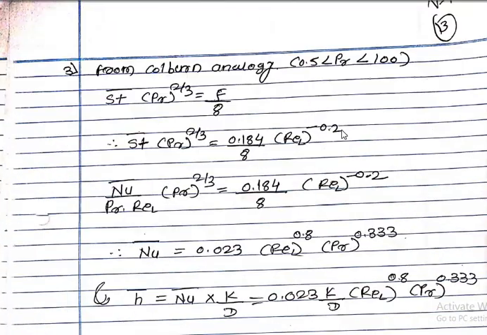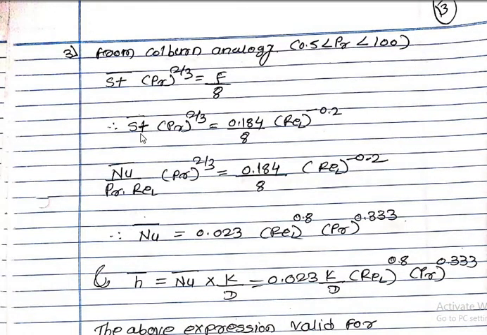So that equation we have considered, and the friction factor value we have put over here. So Stanton number multiplied by Prandtl number raised to 2 by 3 is equal to 0.184 divided by 8 multiplied by average Reynolds number raised to minus 0.2.